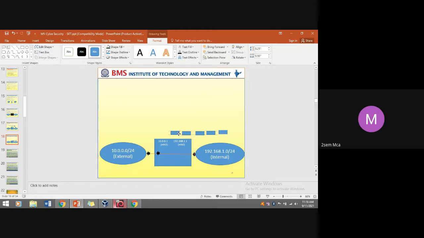Maybe the message is a bigger message, and that message is divided into a number of packets, each packet going through the firewall to be inspected for security purposes. When the firewall inspects the first packet, second packet, or third packet, it finds some relationship between this packet and that packet. Then it establishes a session with the transfer of those packets to the external world. That is termed a stateful firewall.